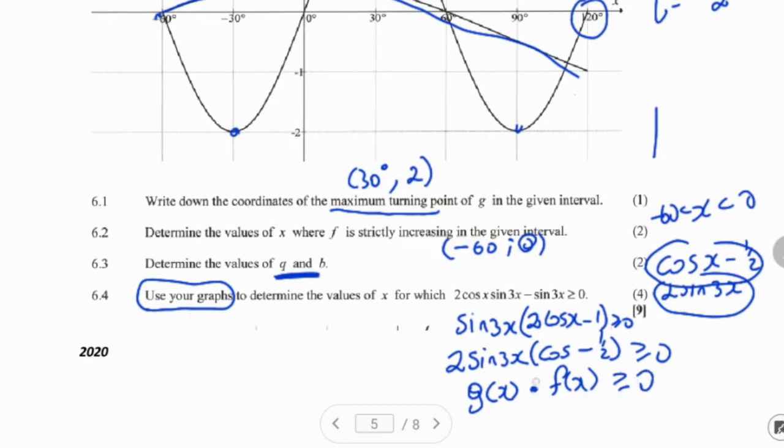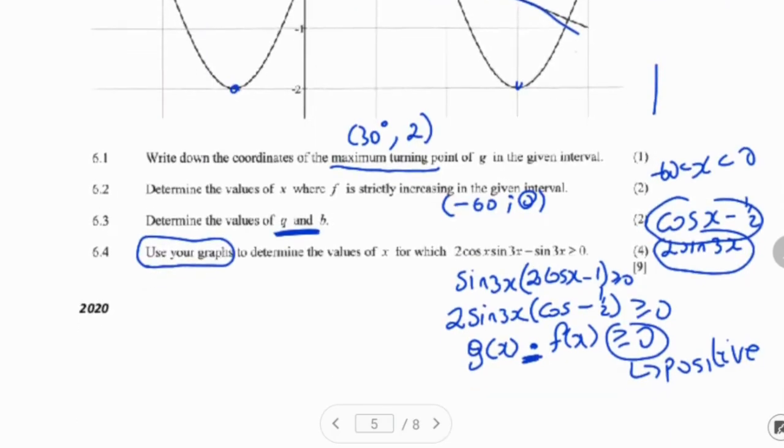We know that this is multiplication, so we want the graphs. When we multiply the values of both graphs, we'll get a positive value. We know in mathematics, greater than 0 means positive, and this means multiplication. So let's go check the graph now. We need to use the graph.